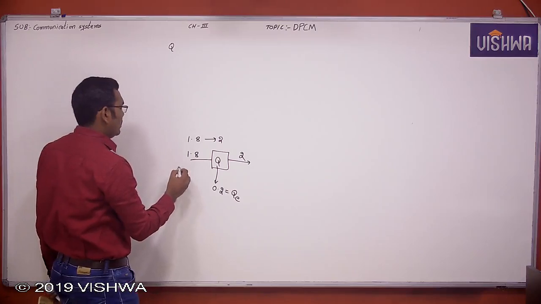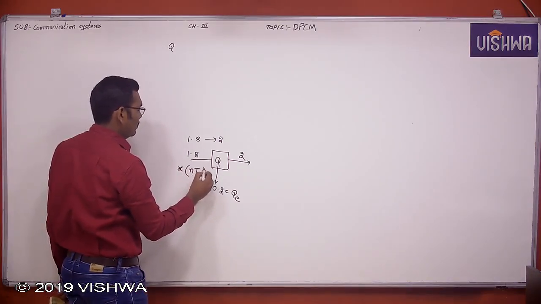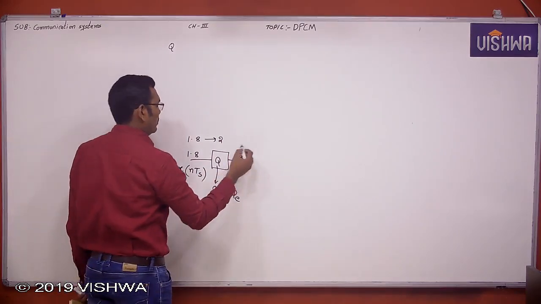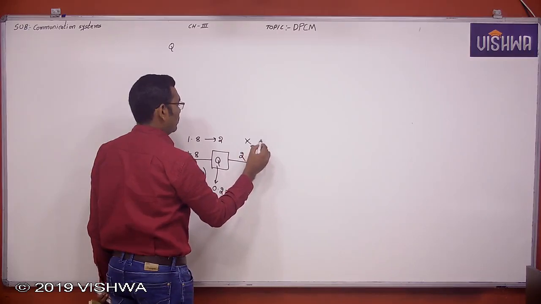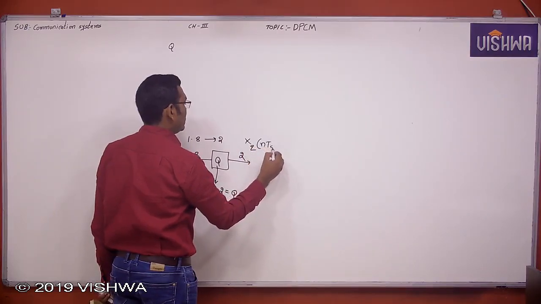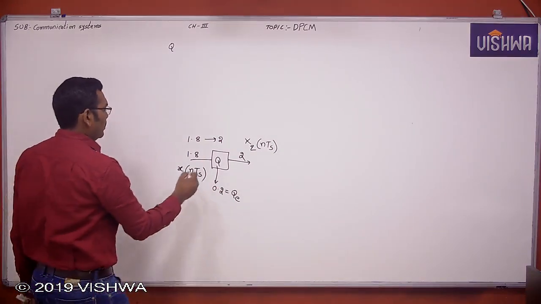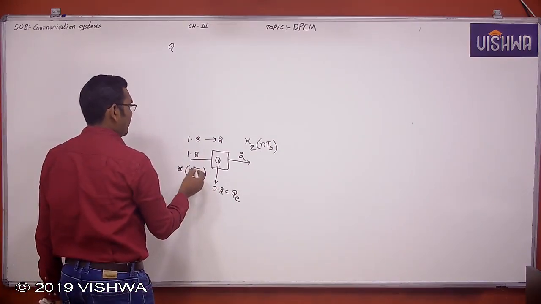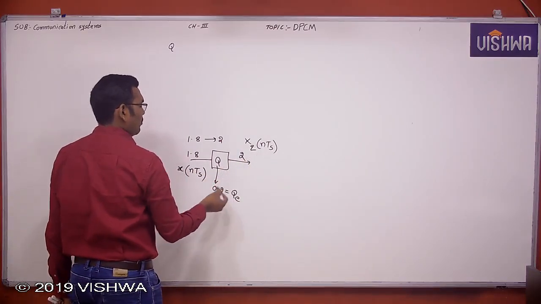This is the sample value after sampling. This is the quantizer output, the quantized sample. And this is the quantization error.